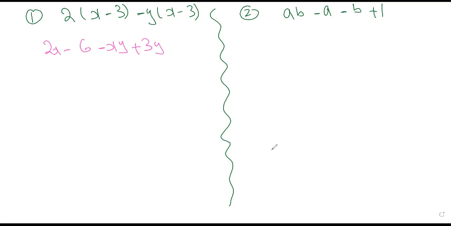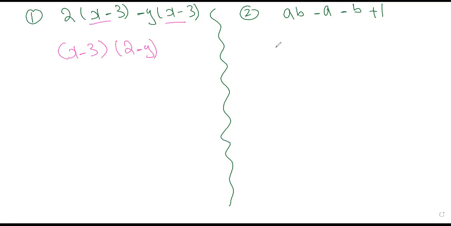So for such expressions, we need to do things differently. Okay, let's say if you have a question of this type, would it be (x minus 3)(2 minus y)? Yes, very well done. Excellent. Because this is the common factor, x minus 3, and then it would be 2 minus y. Very well done.